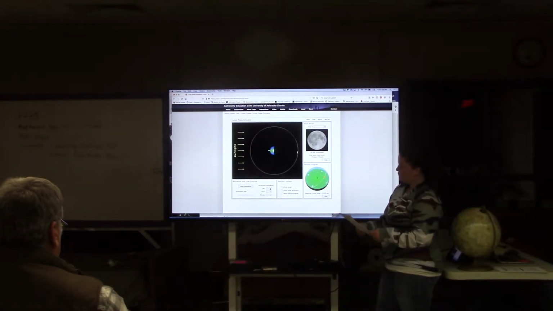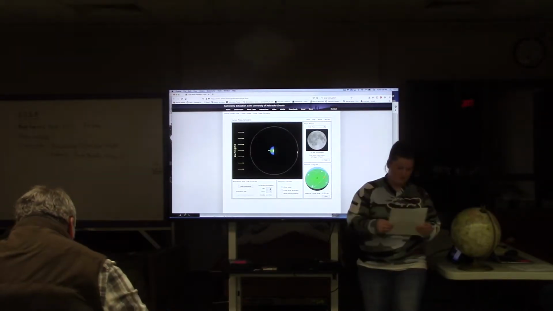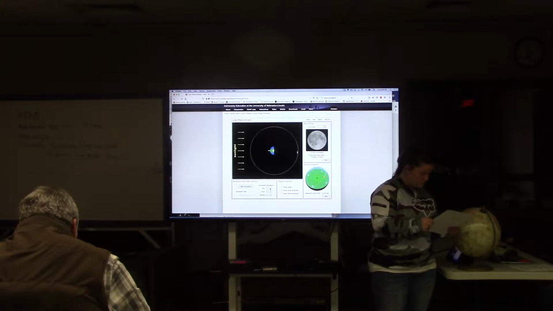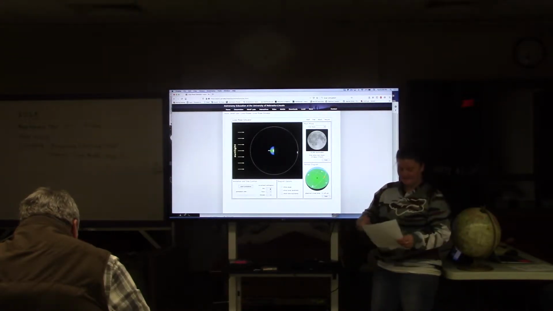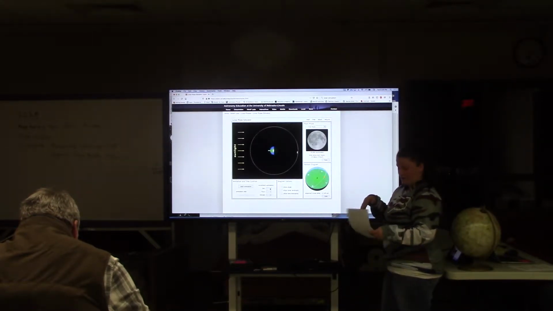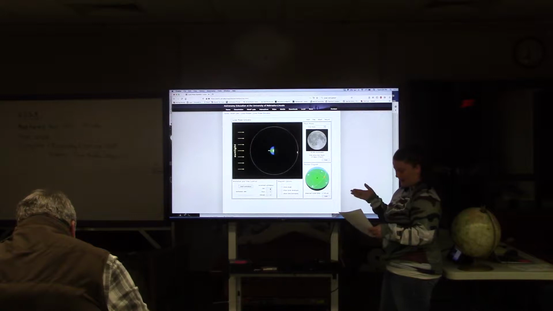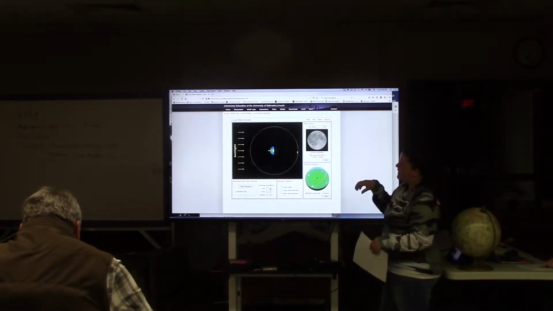Then the full moon, which would be on the 12th, a week from today. So you can see the entire moon.